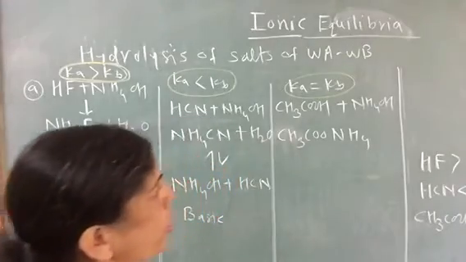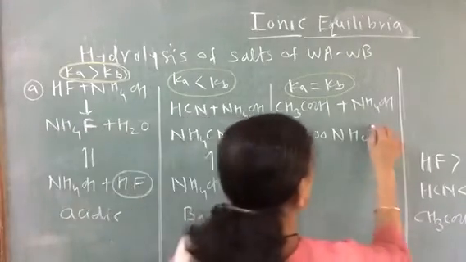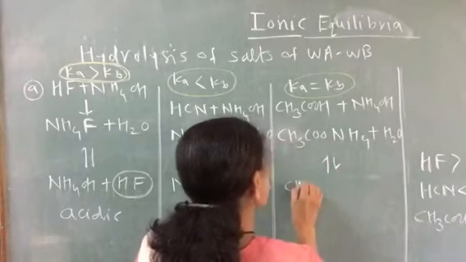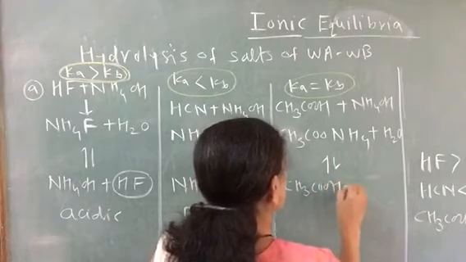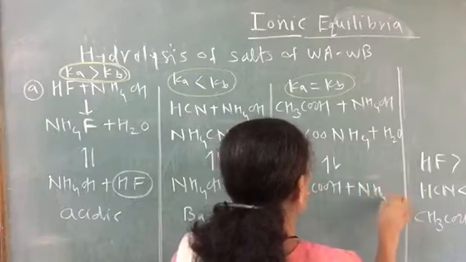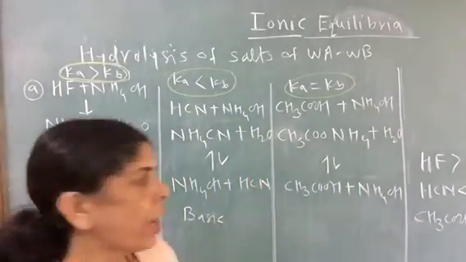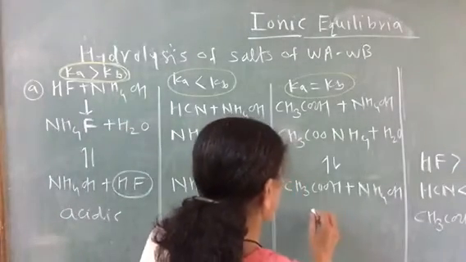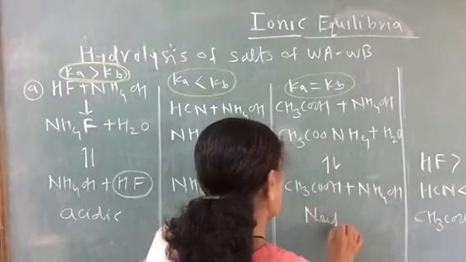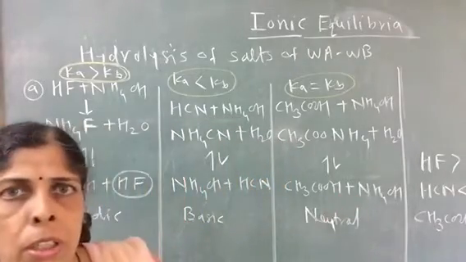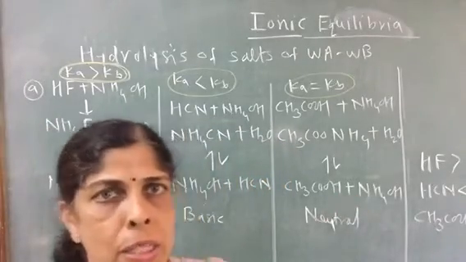On hydrolysis we get CH3COOH plus NH4OH. The acid and base formed have equal strength and therefore the solution is neutral.